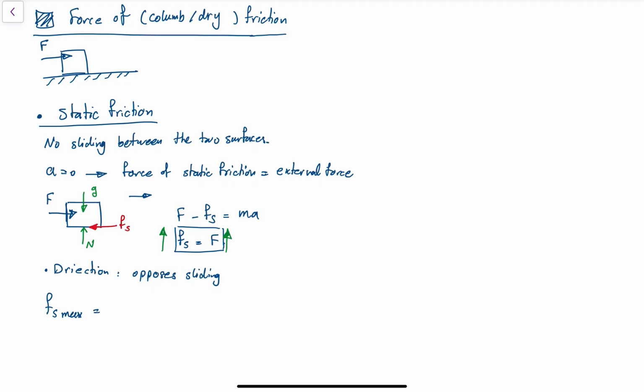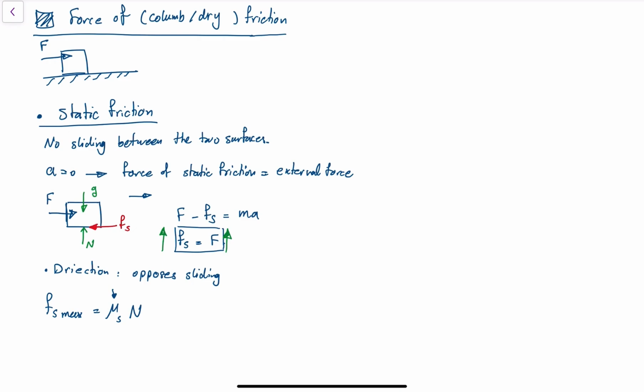And that value is dependent on the two surfaces. Some surfaces are more rough, they have more friction, if you will. Some are smoother. This coefficient depends on what surfaces the sliding is happening on, and also that depends on the compressing forces that are compressing the two bodies together.